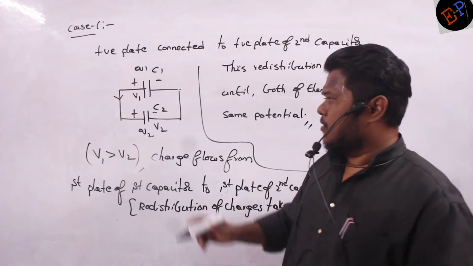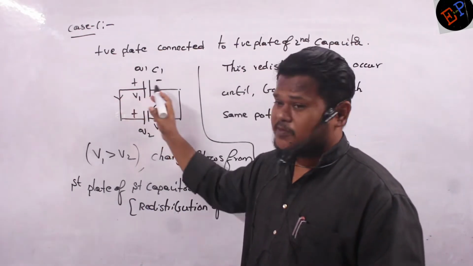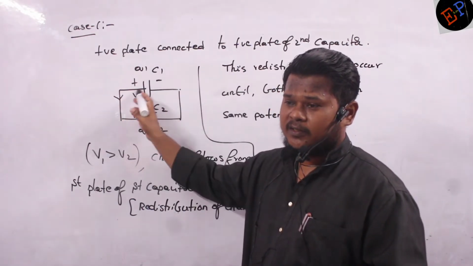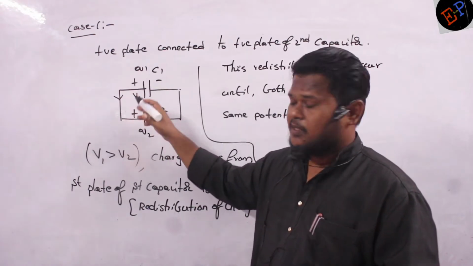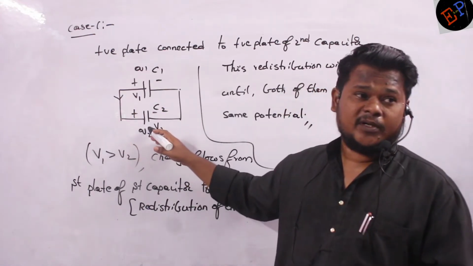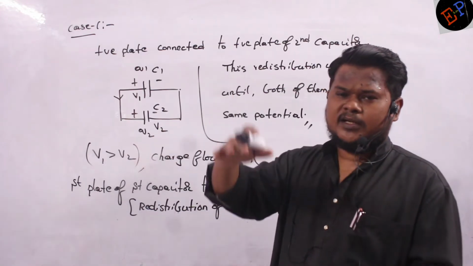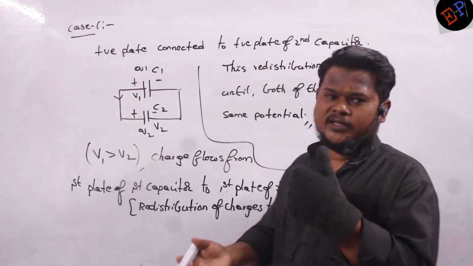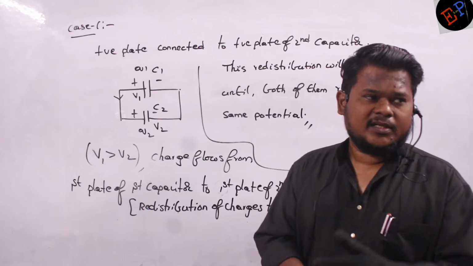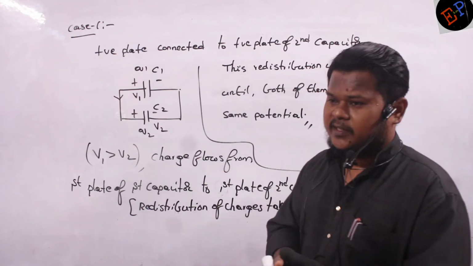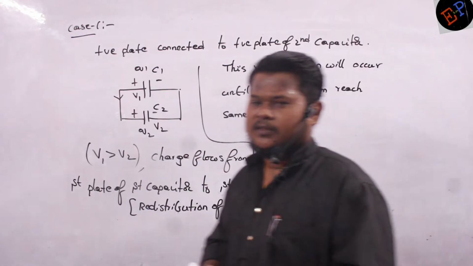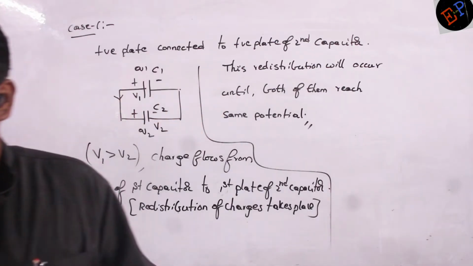If charge flows from this plate, what happens to its potential? It decreases. Charge is entering the second plate, so its potential increases. Slowly the higher potential decreases and the lower potential increases. At one point both of them get the same potential, and then the redistribution of charges will stop.